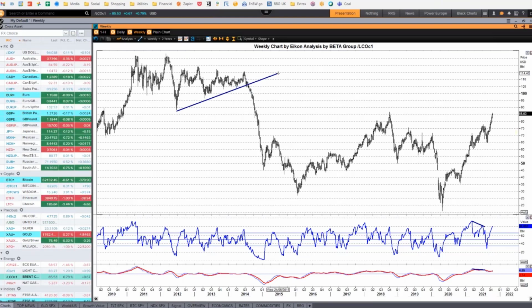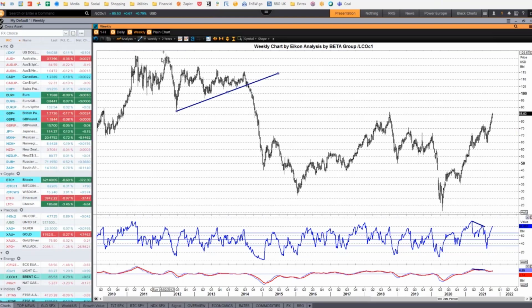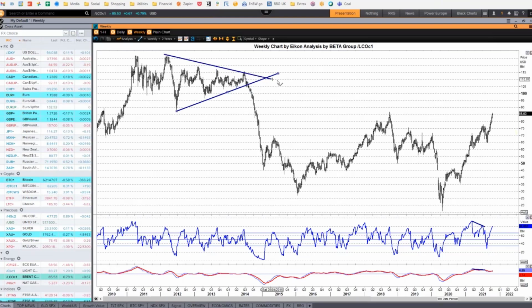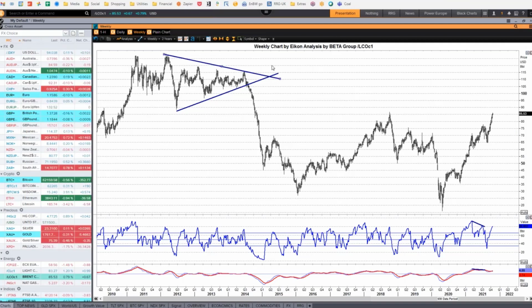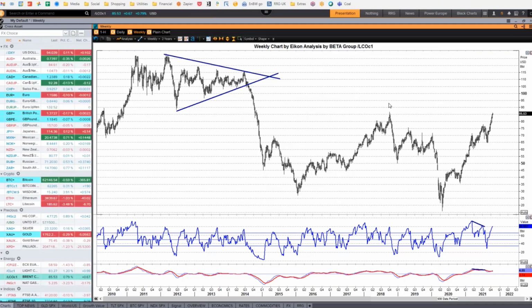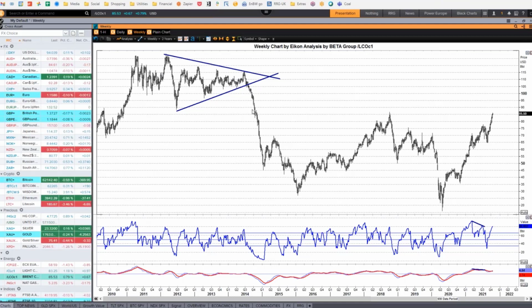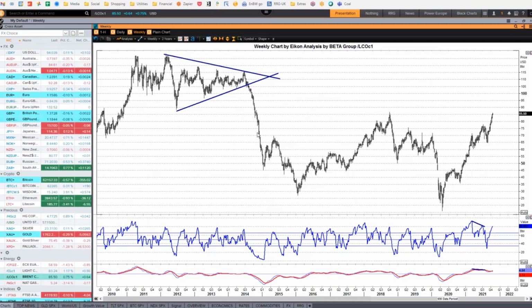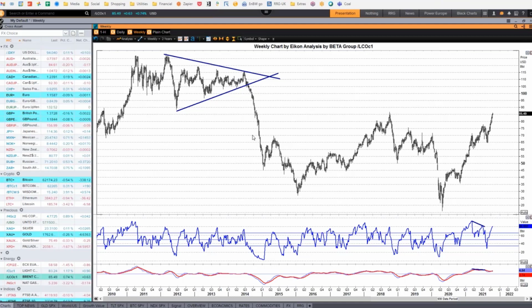But here we've got this famous symmetrical triangle that when we broke down from it, we absolutely went into free fall. Well, we recovered half of that. If we break through this high here, then I think this move up into above $100 could be relatively swift. It fell swiftly, and we regained the ground swiftly too.